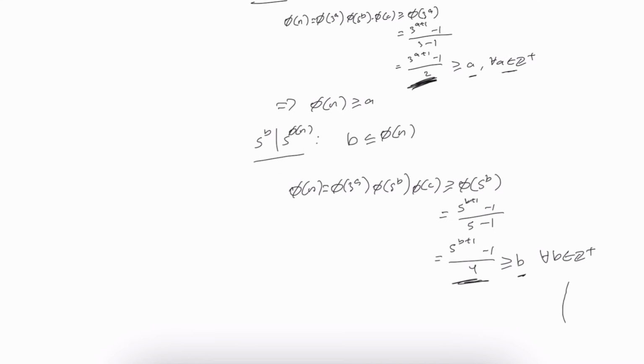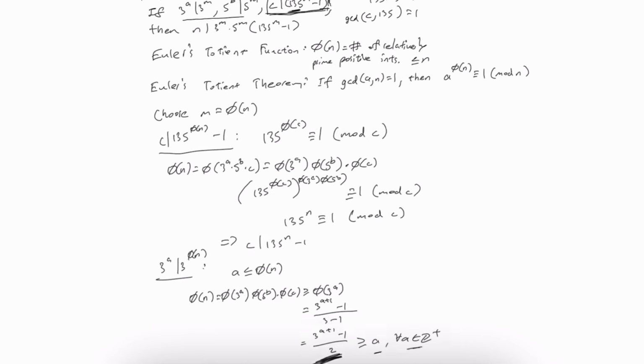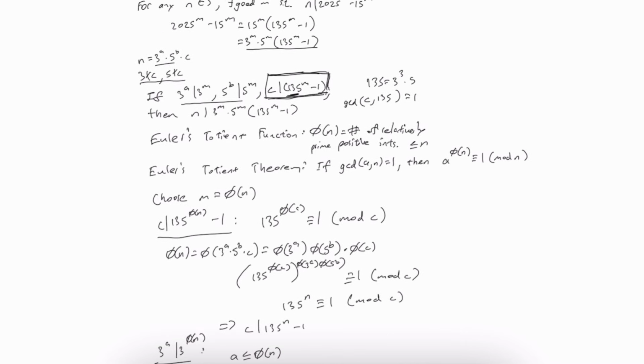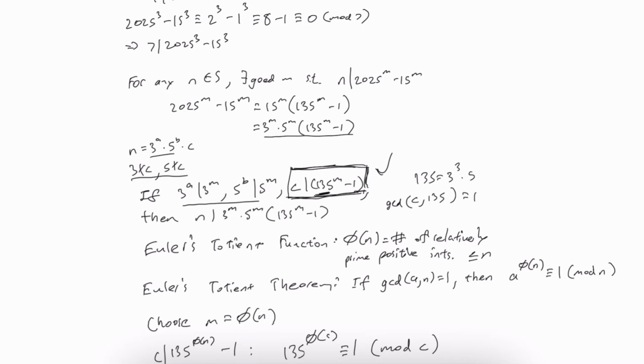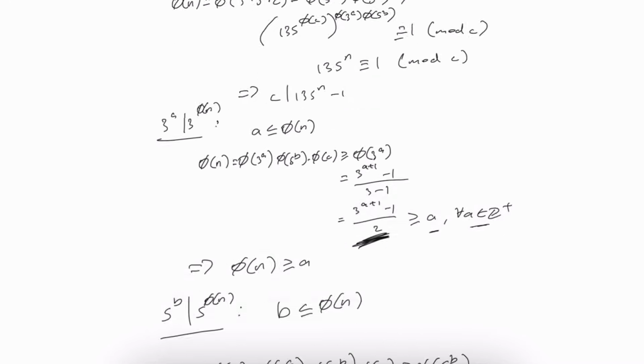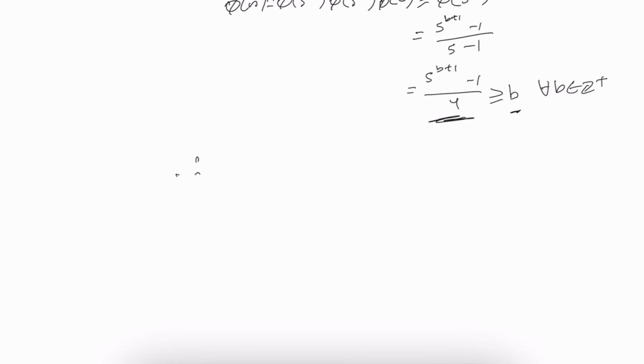So now, given all three of these cases, based on what we said before, our condition is true. So we indeed have that n divides 2025^(phi(n)) minus 15^(phi(n)).